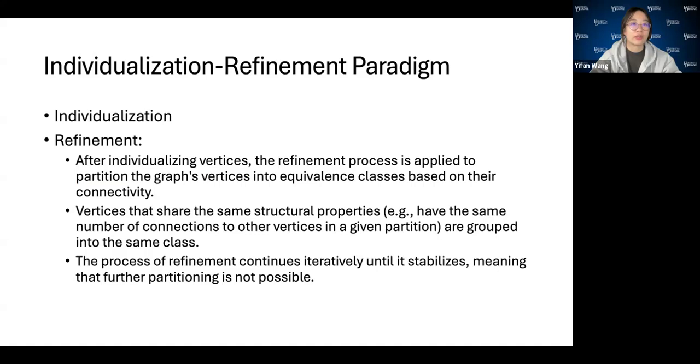And then the refinement, I will introduce the refinement process. This process partitions the nodes into equivalence classes based on their connectivities. So after individualizing, the vertices that share the same structural properties, for example, have the same number of connections to other vertices in the same cell of the given partition, will be grouped into the same class.